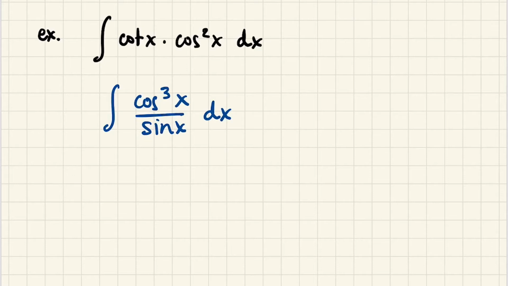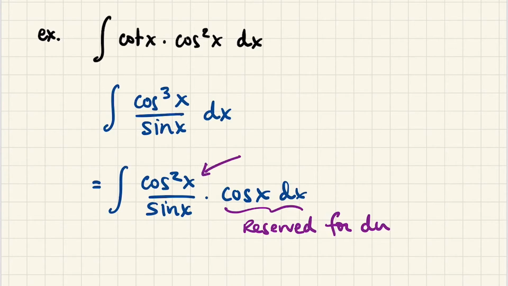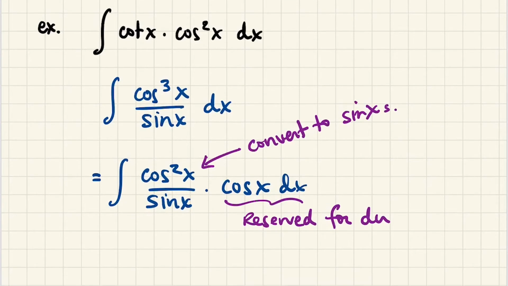That's not a direction we want to go in. So can we reserve a cosine? Well, if we did, we'd get cosine squared over sine times cosine of x dx. So there's our reserved for du. And now we just have to find some way of converting everything on this side here into sines, so that we can let u equal sine of x and just have something purely algebraic at that point.